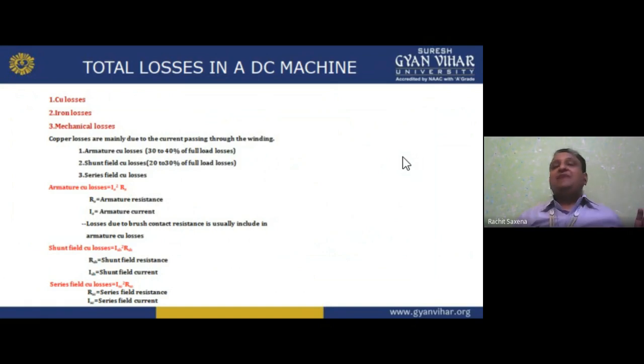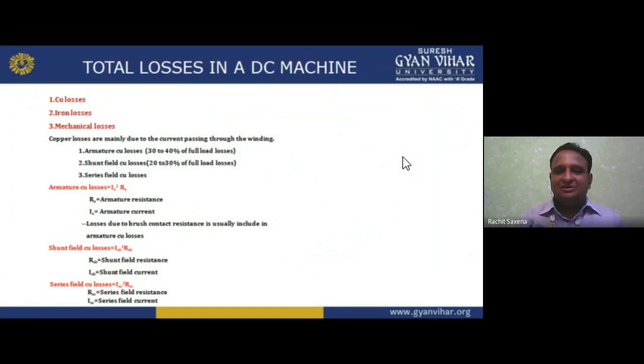For example, in a generator, say the full load loss is 10%, so 10 watt I am getting as a loss. In that 10, 3 or 4 watt is the armature copper loss, that is 30 to 40%.